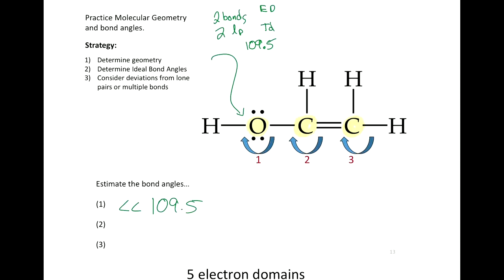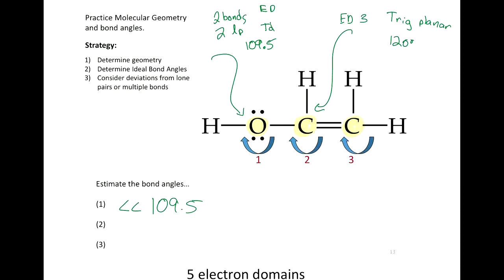All right, so then we do the same thing for the next atom and ask ourselves, how many bonding domains are there? 3. Any lone pairs? Nope, so it just has an electron domain of 3, so what shape is that? Trigonal planar, and the ideal bond angle there is 120, all right?